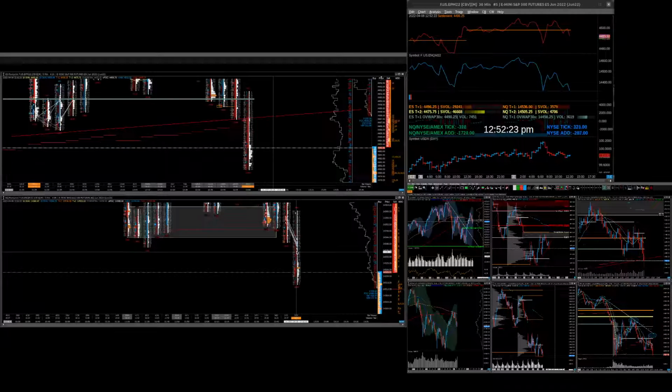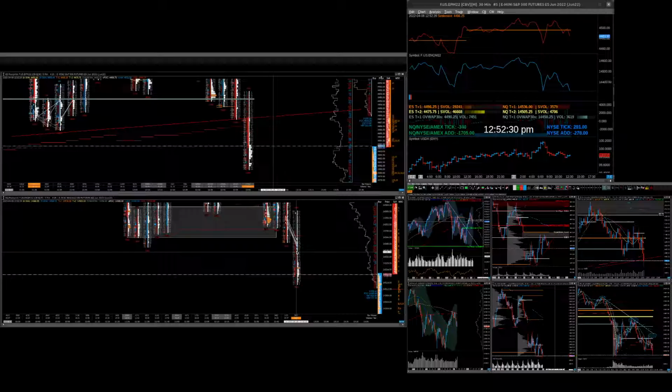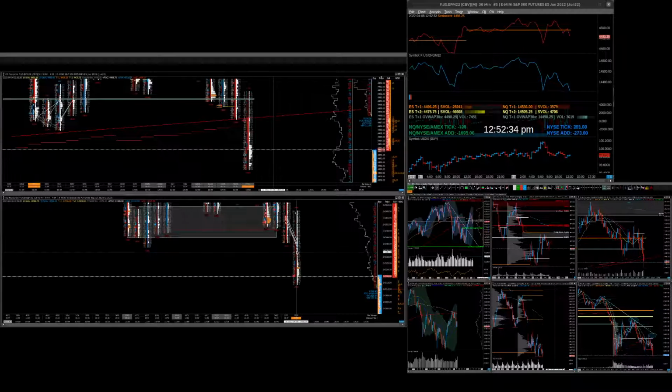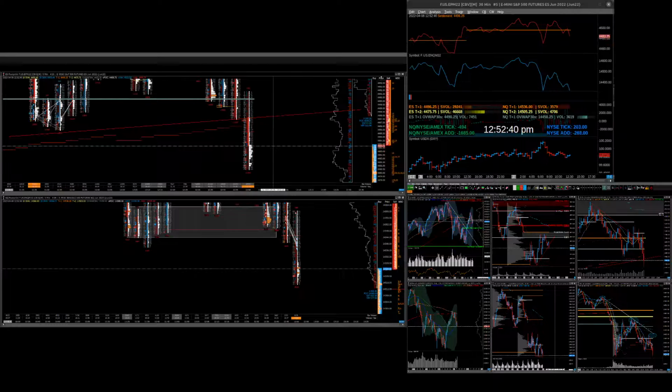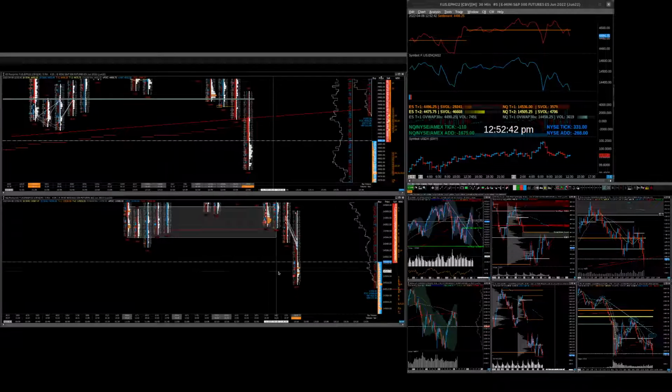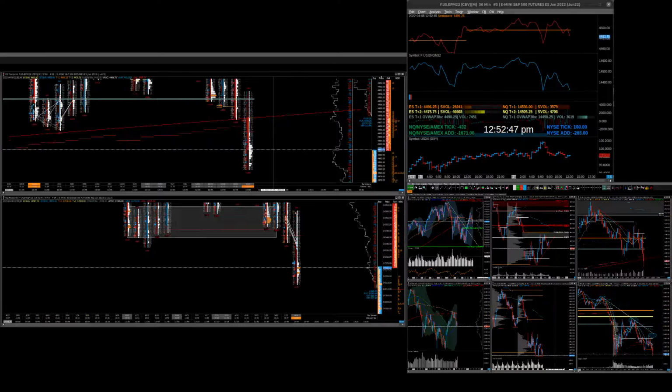So I refer to them as LCVs, low contract values. And they're magical. I used to call them pixie dust because they're so magical, they work all the time. But it's hard to structure a trade. You gotta stick your neck out, go long, put a stop under here, and then target the pixie dust.